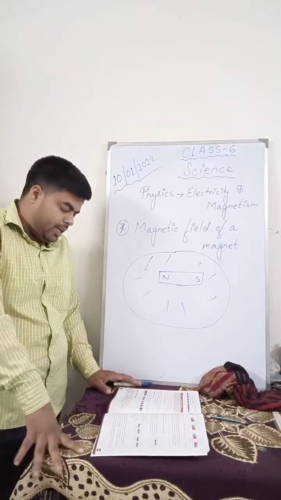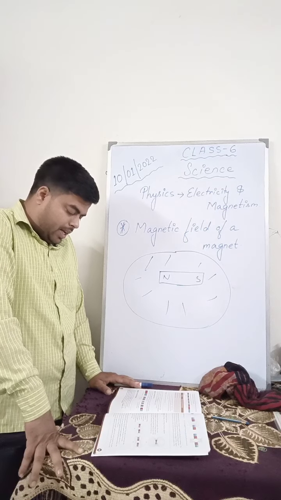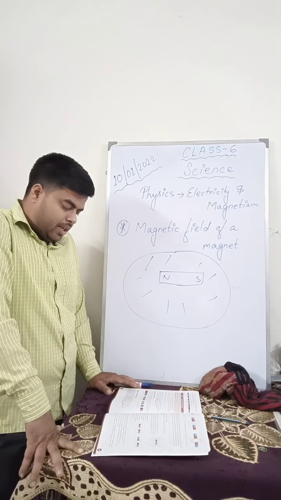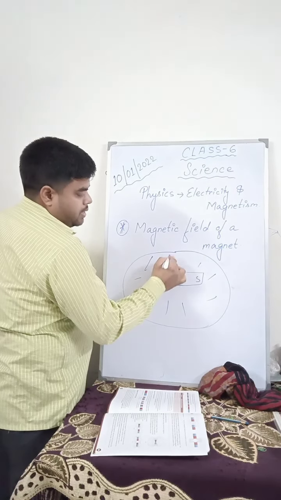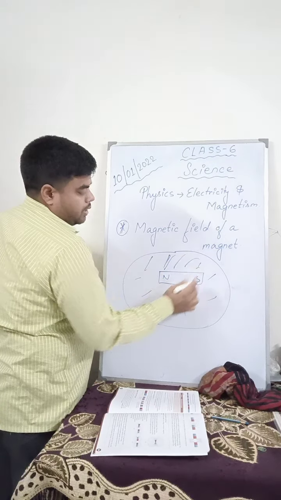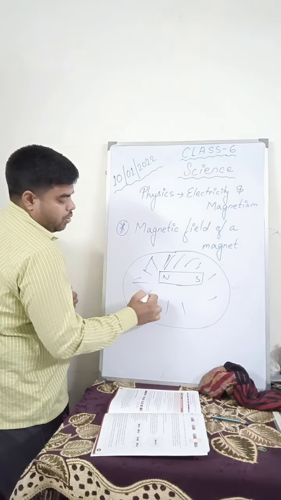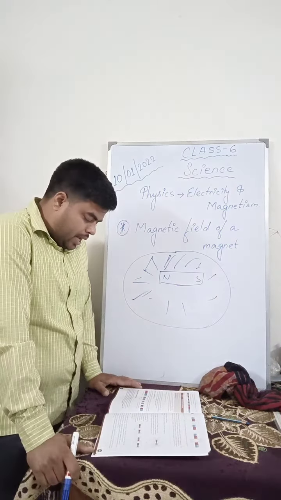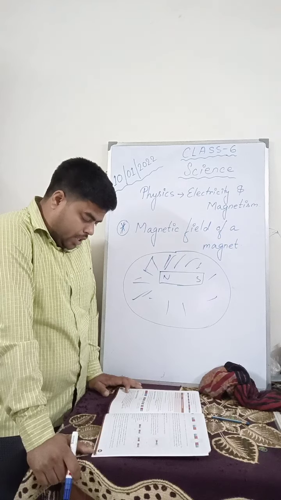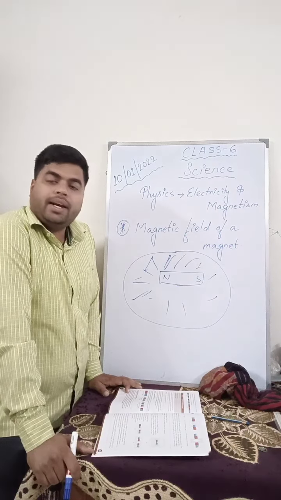The magnetic field is represented by some imaginary lines which are called magnetic field lines. This imaginary line that comes out from the magnet is known as a magnetic field line. These magnetic field lines are curved lines considered to originate from the North Pole and end at the South Pole.